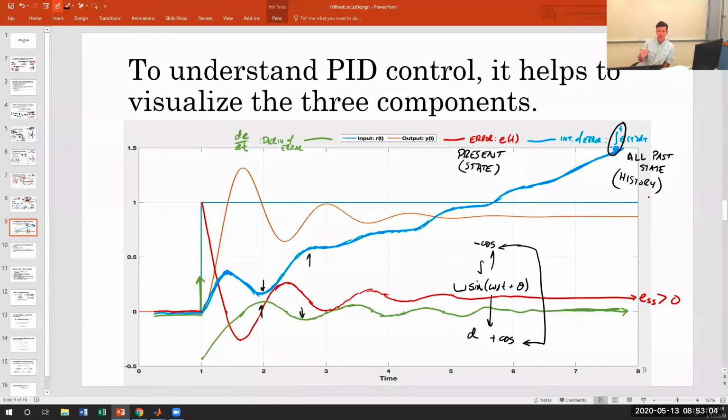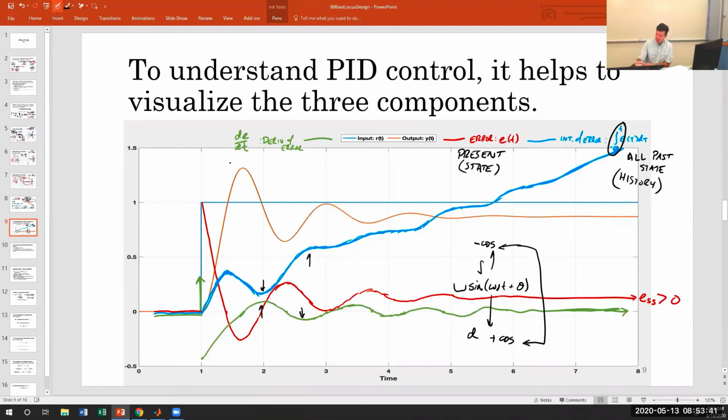That is, if the integral of the error signal is large, then the system has had error for a long time, and that means that something needs to be done about that, even if the current error is not particularly large. Okay, do you see how those two concepts are different? I can have a very small e of t, but I can end up having a very large integral of e, and I would like the large integral to make me do something. That would mean that I'm acting on the history of the system, not the present state of the system.